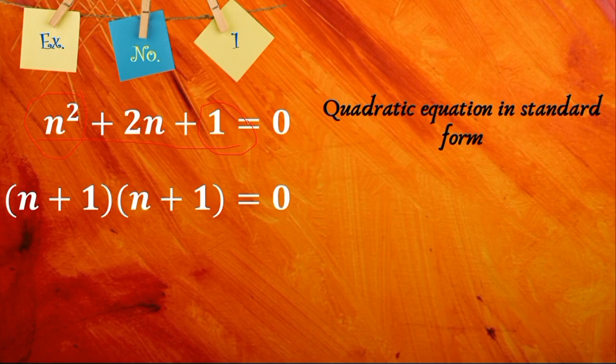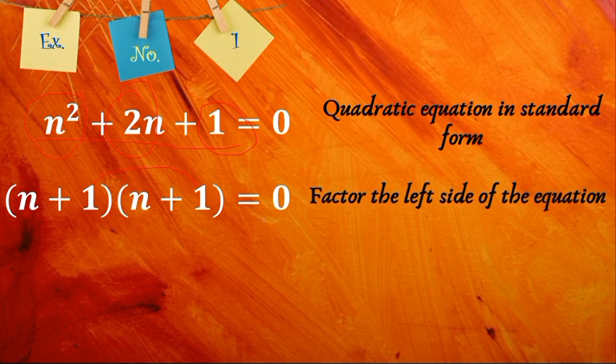The factor of positive 1, obviously, is only 1 times 1. When you multiply 1 times 1, the answer is 1. But when you add 1 plus 1, the answer is 2, which is equal to the middle term. So we now have the factored form of the left side of the equation.